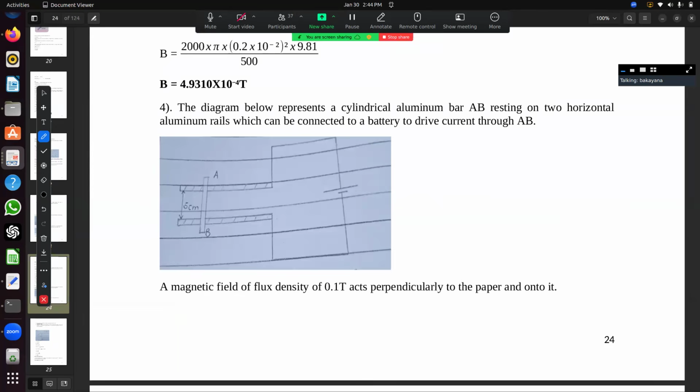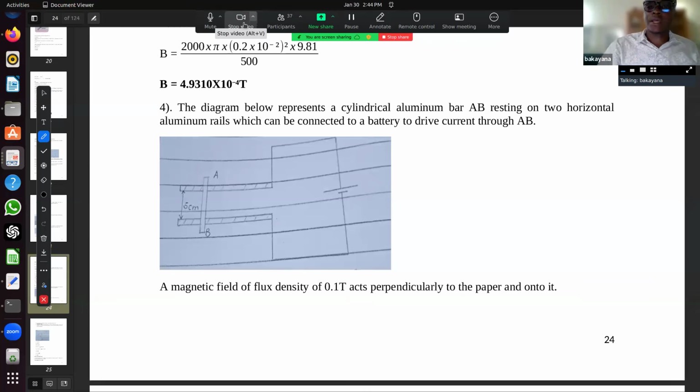So what happens if the current, now this one I think I have to demonstrate it somehow. I don't know whether you can see this.